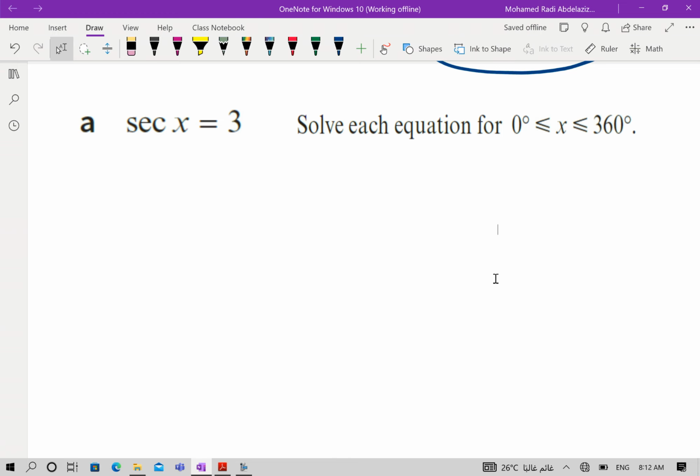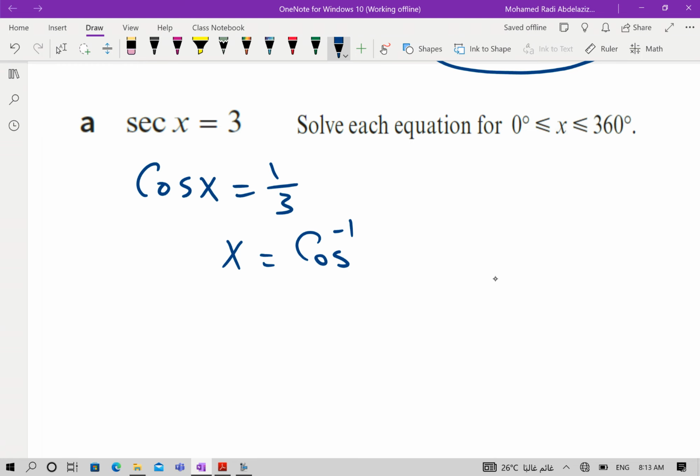I will change it to be what? Sec x, reciprocal of what? Cosine x equals what? Now you can solve it as AS level. Step number 1, find the principal angle. Shift cosine 1/3. So x equals what?